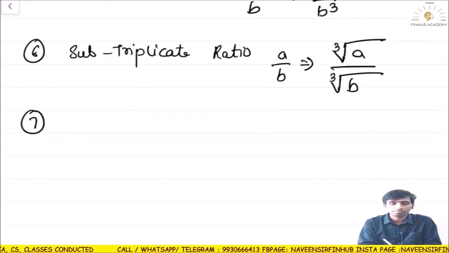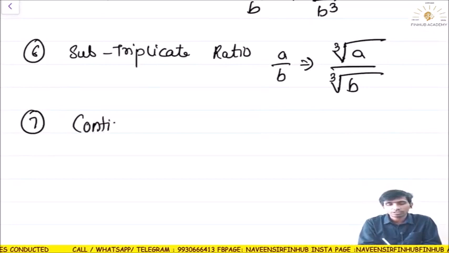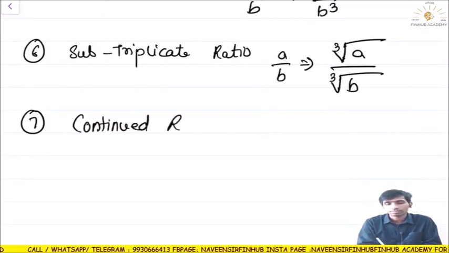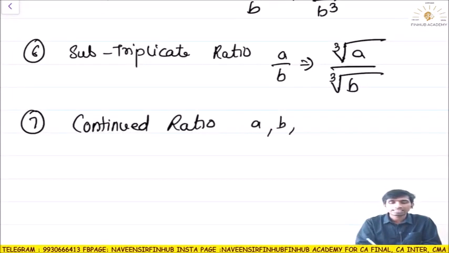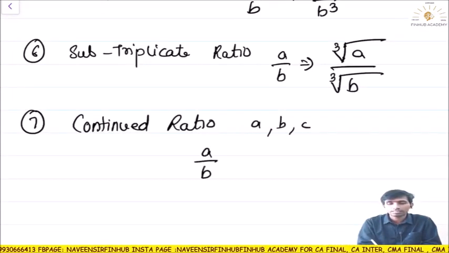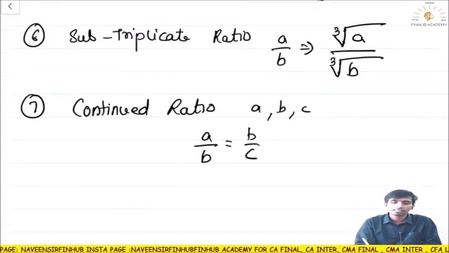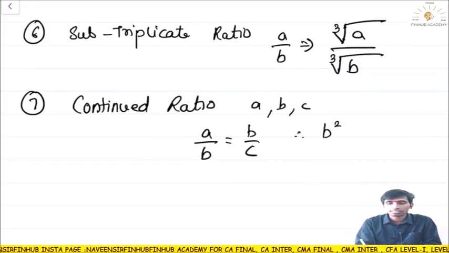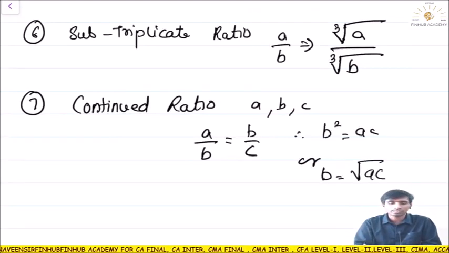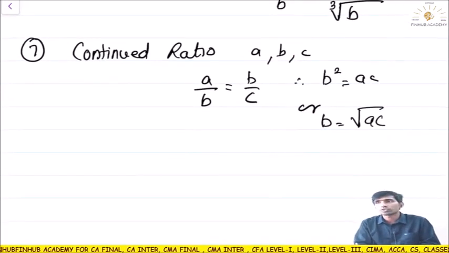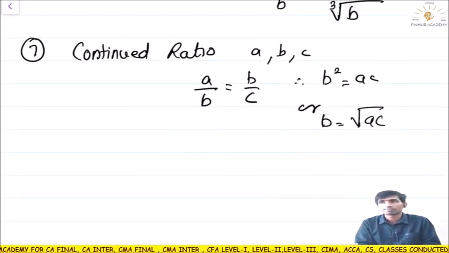Seventh, continued ratio. A, b, c is there. The continued ratio will be a by b is equal to b by c. Therefore, b square is nothing but ac, or b is equal to under root ac. You should remember this. It will be helpful while solving the sum.